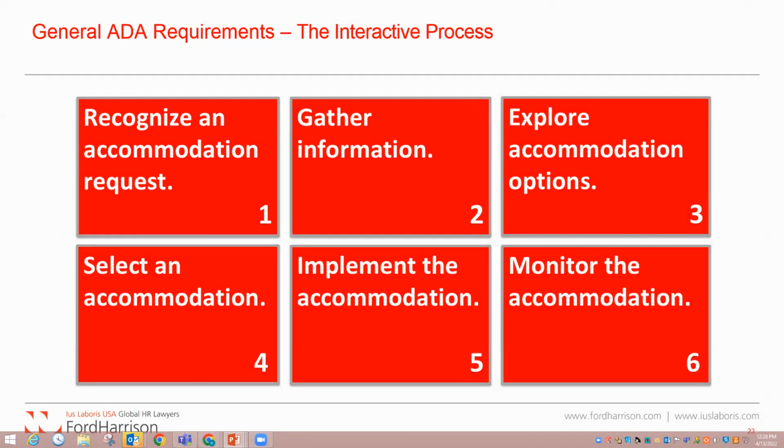So the flow chart there is to recognize an accommodation request, and it does not need to be the employee saying, I have a disability under the ADA and I'd like to begin the interactive process now.